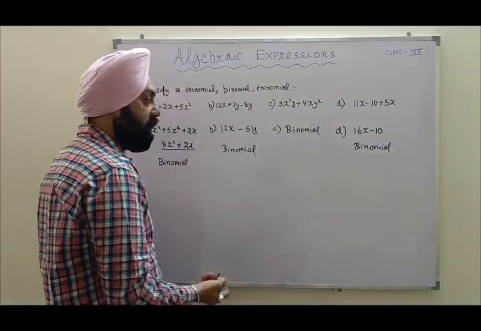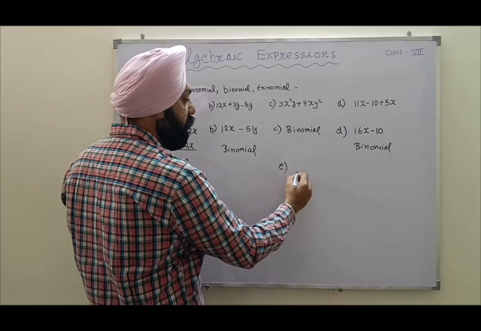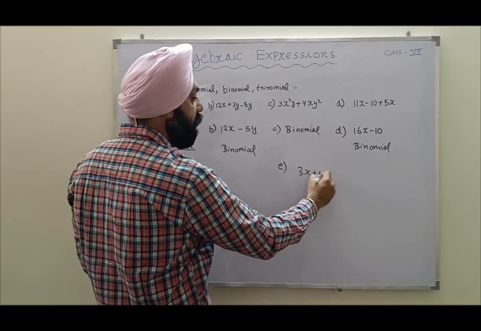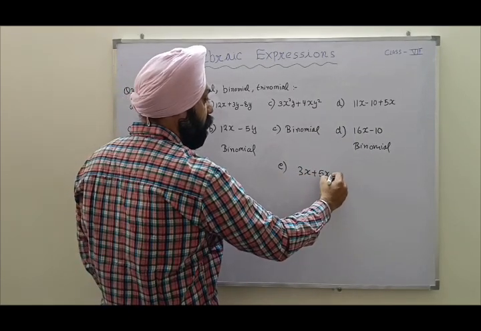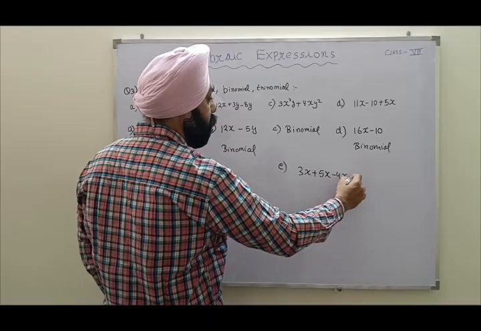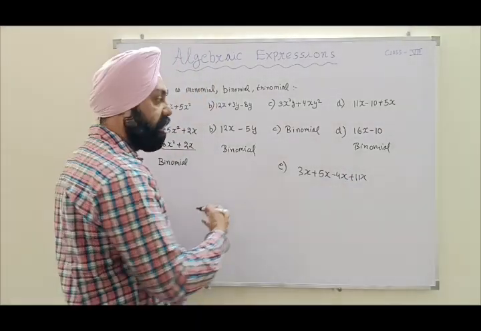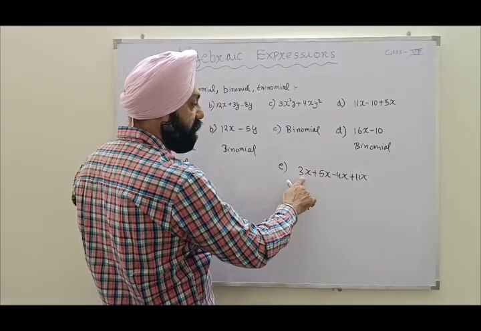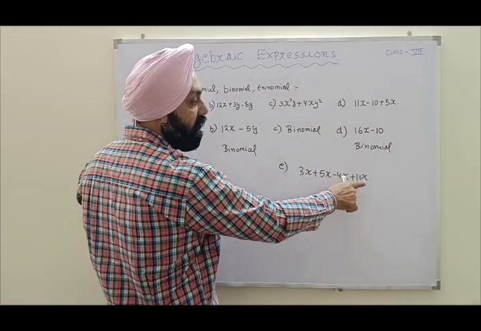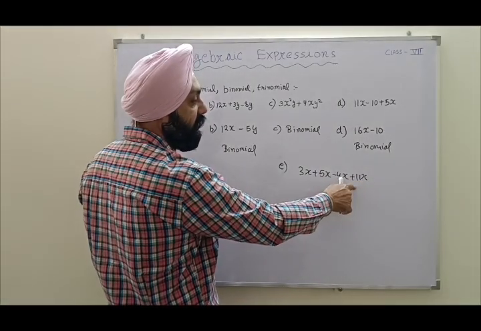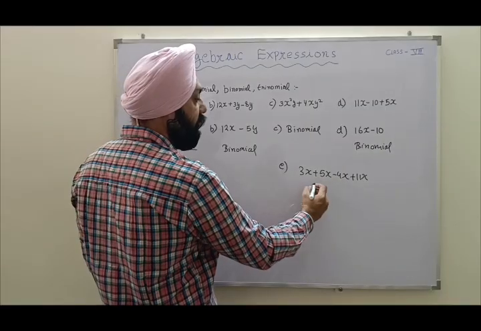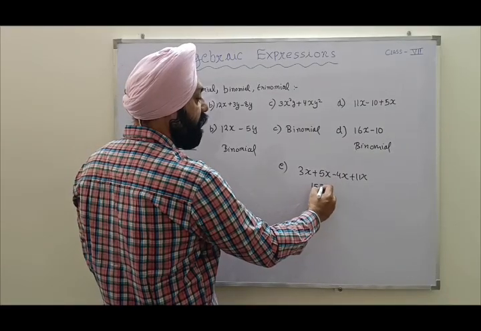Suppose we take another example like 3x plus 5x minus 4x plus 11x. So many terms are there, but if we simplify them, 5 plus 3 will give 8, 8 and 11 will give 19, 19 minus 4 will give 15x.